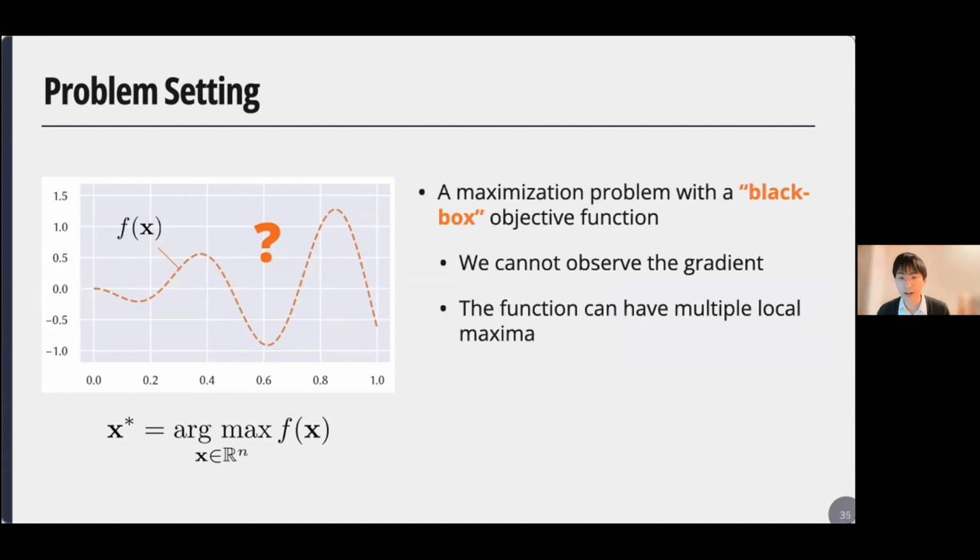This is called a black box optimization problem, and we cannot observe its gradient, and the function may have multiple local maxima. The challenge here is the way of sampling the points.